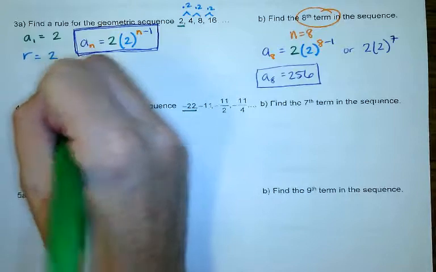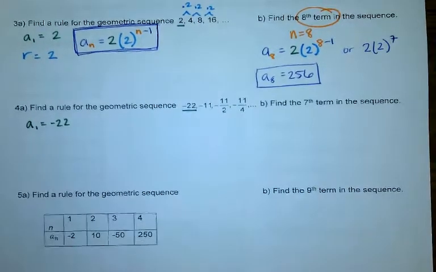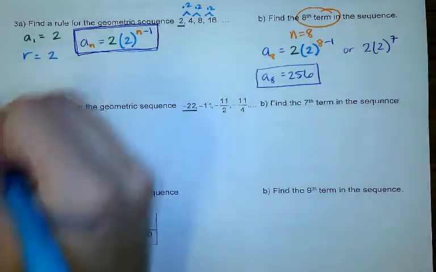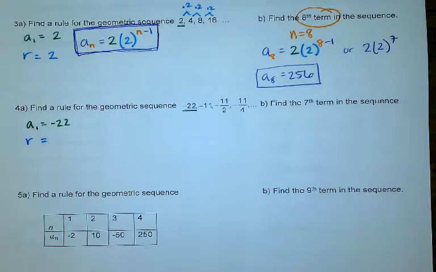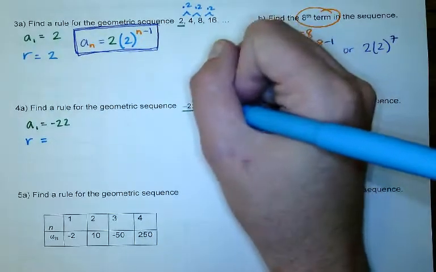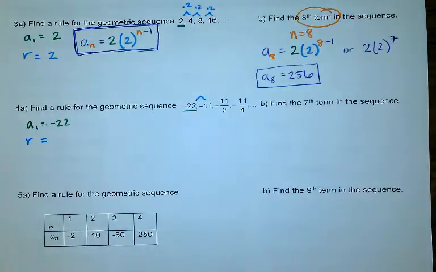Okay? The second part here, this is the difficult part, finding that common ratio. So what am I multiplying by to get from negative 22 to negative 11? Oh, 1/2. Okay?